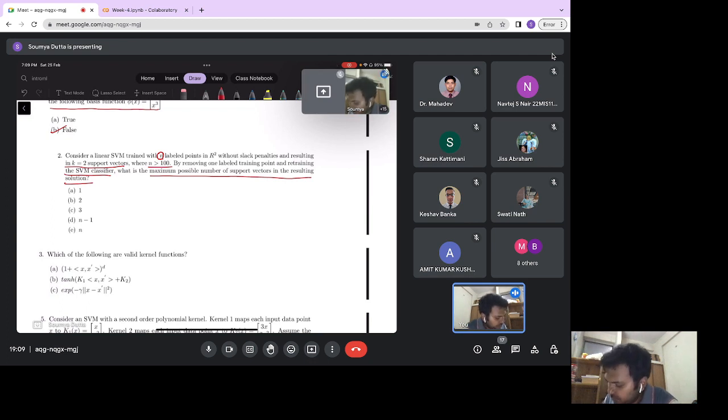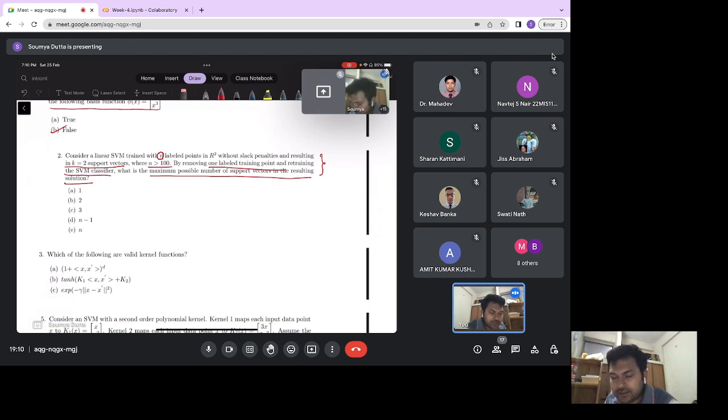So without any more information given in this problem, one iteration of SVM has resulted in two support vectors. That doesn't mean that after you have changed the dataset, because you have removed one labeled training point, you really don't have any reason to believe that it will be close to two, like it will be one or three.